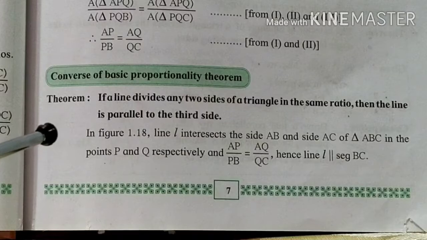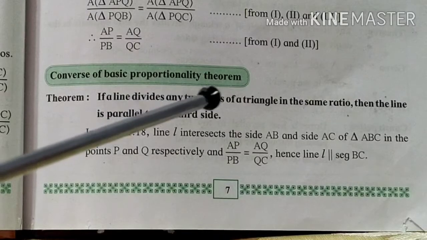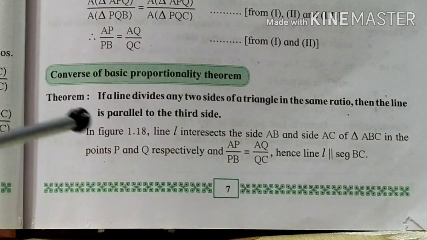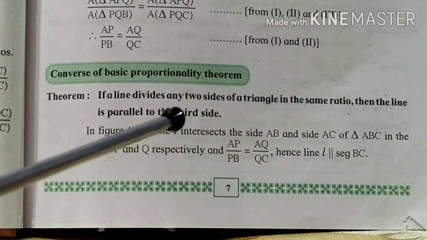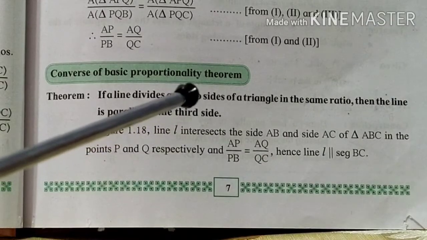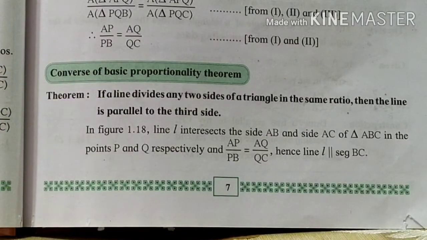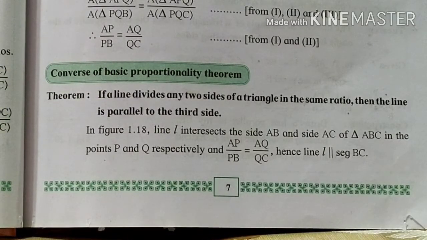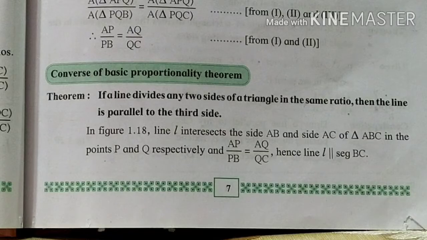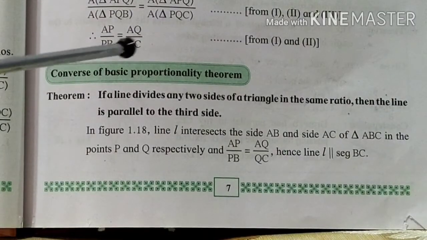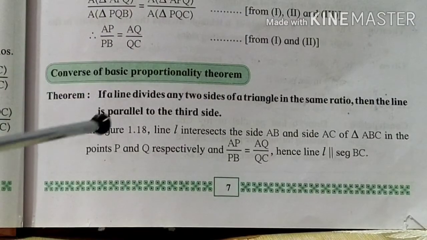Yes, the given and to-prove parts are interchanged. In the previous theorem, the basic proportionality theorem, the given part is that the line is parallel to side BC, or a side of the triangle, and we prove that the line divides the two sides in the same proportion. Now in the converse, what is given?